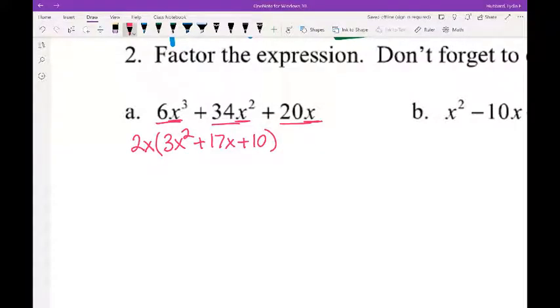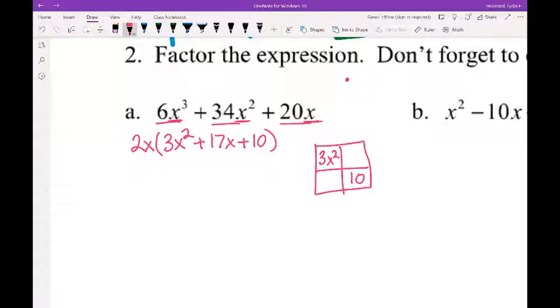Okay, so I'm going to leave that 2x out front. That is a factor, and I cannot just get rid of it. But now I have 3 terms, and so that's a hint that I'm going to end up doing my box method here. So in my upper left-hand corner, I'll put the squared term. In my bottom right-hand corner, I'll put the constant. I'll multiply those two together.